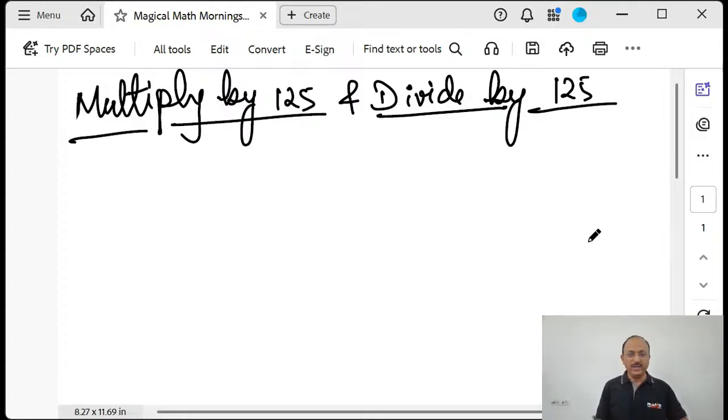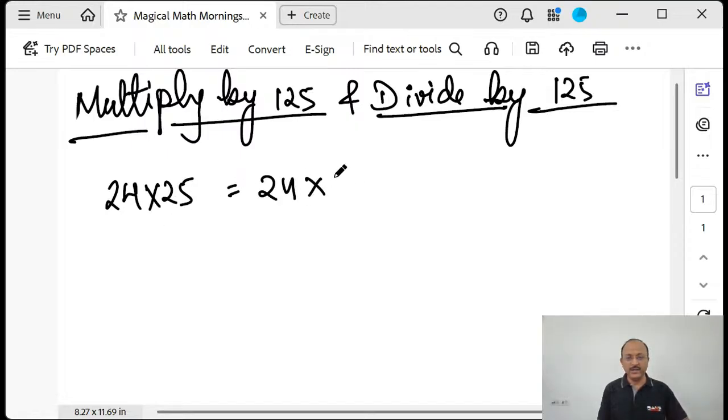But for that, let us recap the method we have learned. Suppose we want to multiply 24 into 25. What did we do? 25 we used to write as 100 by 4. Correct? 100 by 4 is 25.